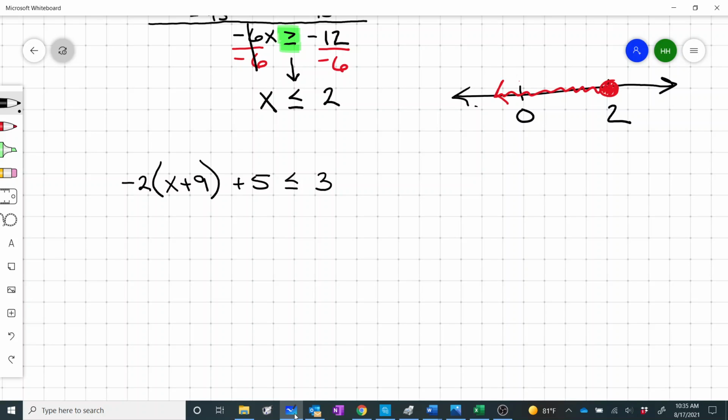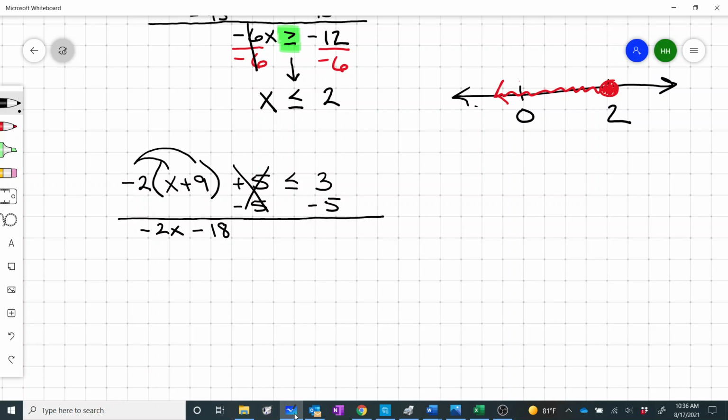Same type problem. We're going to distribute this negative 2 in the first step and subtract 5 from each side. So the negative 2 times x is negative 2x. The negative 2 times the positive 9, that's negative 18. Positive 5 minus 5, that cancels.